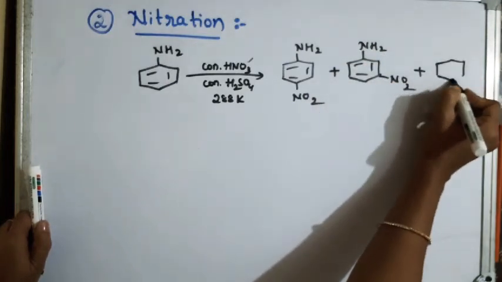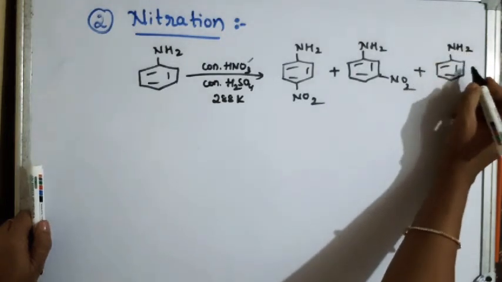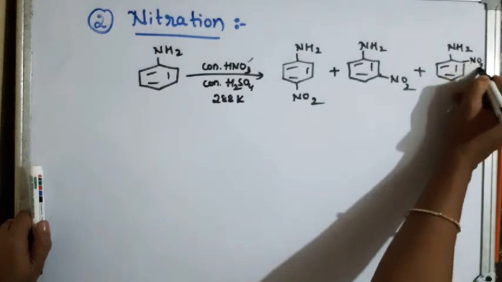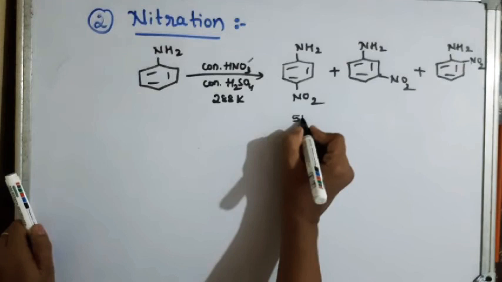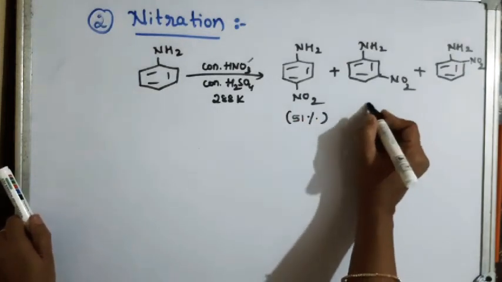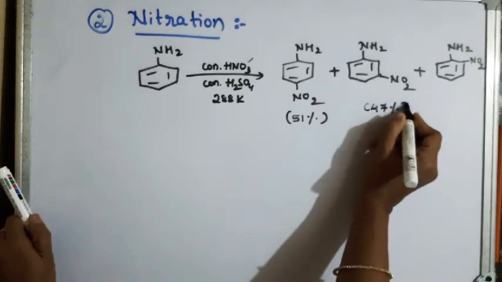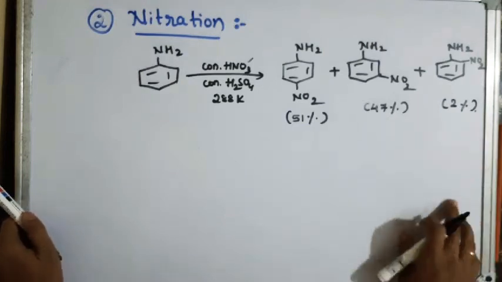Like this, we are getting a mixture of ortho, meta and para-nitroanilines as a product. Here the para product, as it is very stable, we are getting in 51%, then meta will be 47% and 2% of ortho-nitroanilines.